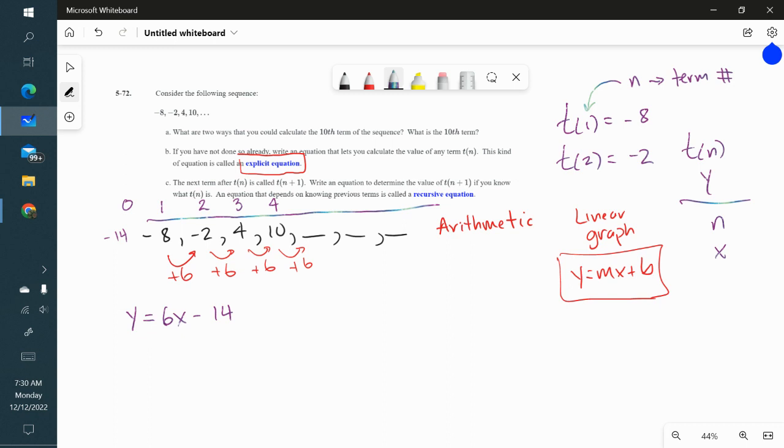That rule would take the term number x and give back the actual term value. But since we're in the context of a sequence, we're going to write it differently. The term, any term, t of n, which takes the place of y, is found by taking the term number, multiplying it by 6, and then subtracting 14. So these two rules are the same rule, but we use t of n notation in the context of a sequence. This is called an explicit rule.